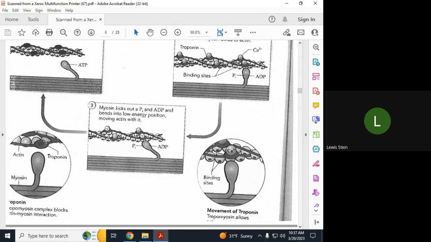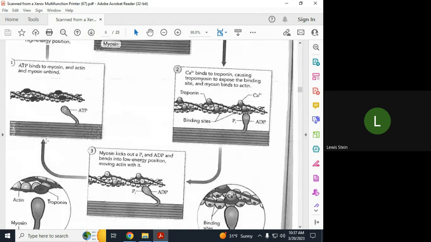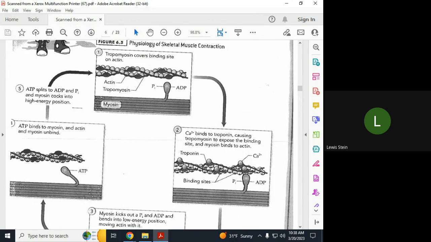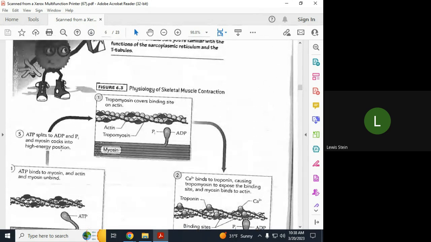When you move up here to 4, it says the ATP binds to the myosin and the actin, and myosin unbinds, and then it goes back when the ATP splits into ADP and inorganic phosphate and starts to cycle over. So you should know those steps. What it looks like before it fires is this, with both of them there.